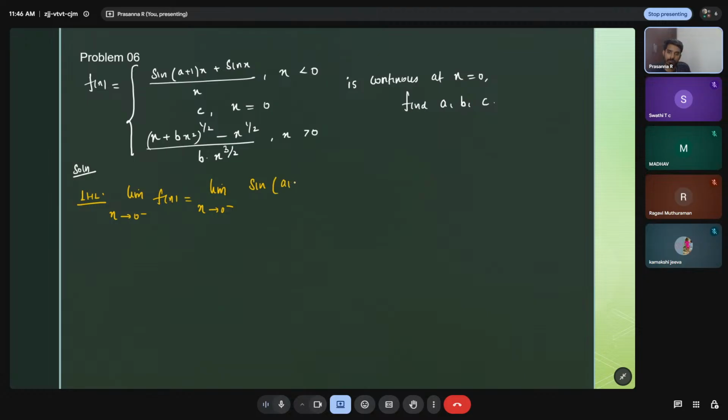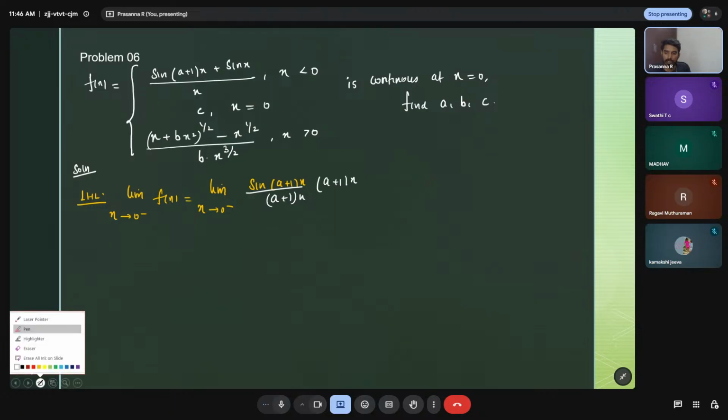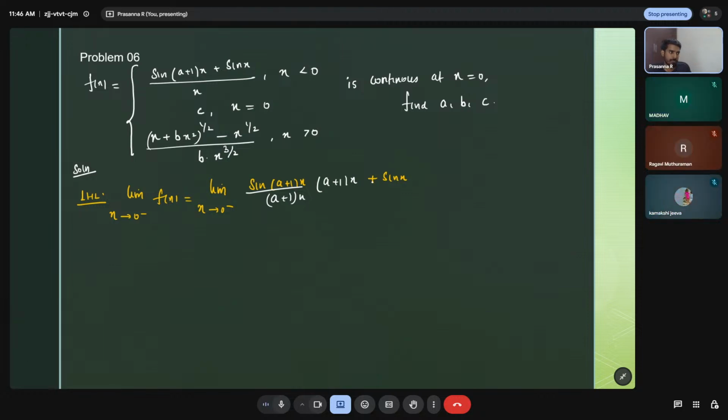So it is sin((a+1)x) plus sin x, divided by x. You multiply and divide by (a+1)x, and then multiply and divide sin x by x.